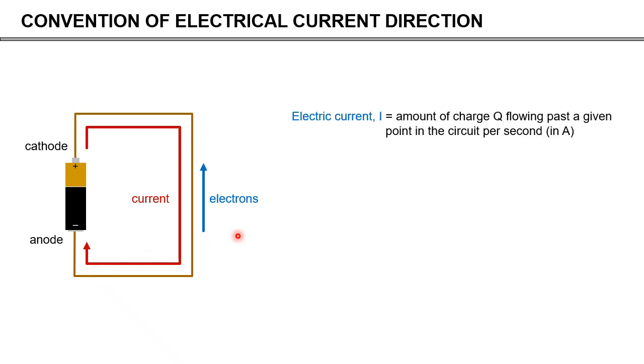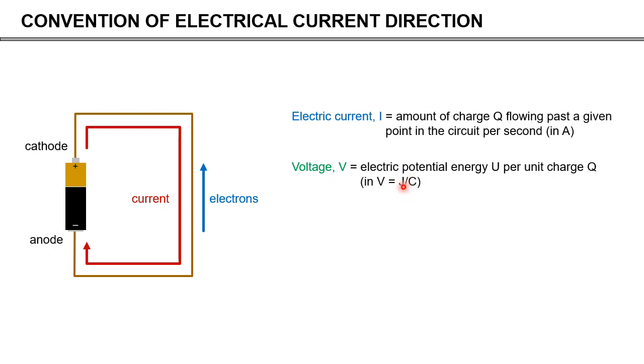So now we know a few terms. We know electrical current. Electrical current is basically the amount of charge that flows past a given point per second, and the unit is the ampere. That means if I measure the amount of electrons flowing by this point here per second, or over there, that current is the same at all locations.